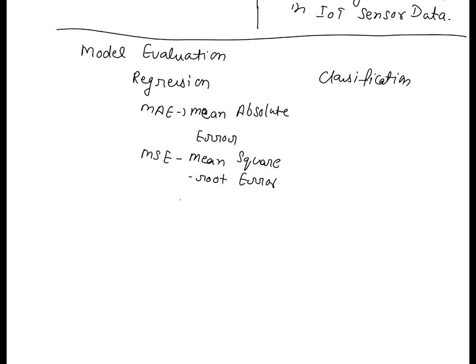These are your most popular evaluation metrics when you are applying regression models. So what are the regression models? Linear regression, decision tree, random forest. Apart from this, you have RMSE too. We call it root mean square error evaluation. Okay. So you can work on these.